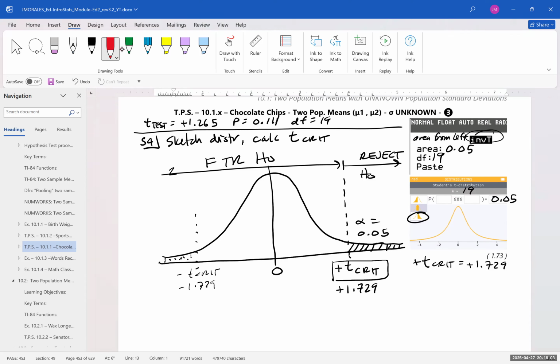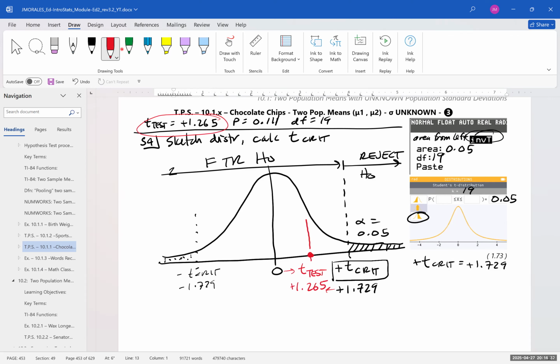All right, so let's go ahead and put our test statistic in. So our test statistic is positive 1.265. So 1.265 is greater than 0, but it's less than 1.729. So maybe somewhere right about here. So this is our t test statistic of positive 1.265.